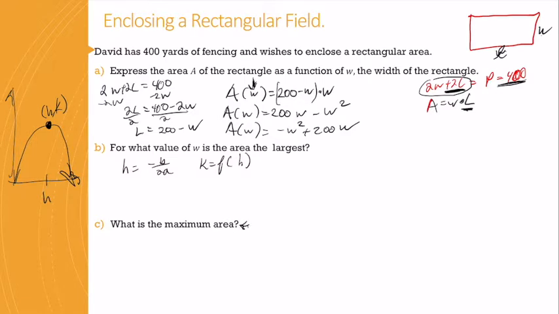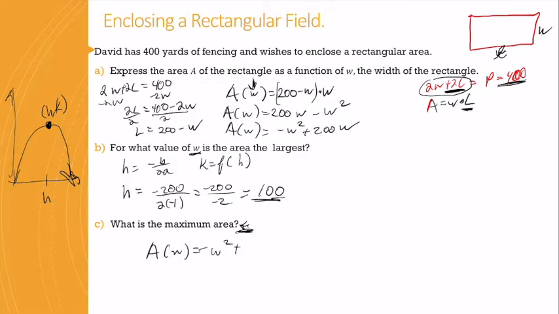So I first need to find my h. If I have h equals negative 200 over 2 times negative 1, that gives me negative 200 over negative 2, so 100. Okay? So when W is 100, I'm going to have the largest area. And to find that maximum area, I need to substitute into A of W equals negative W squared plus 200W. I have to substitute in 100.